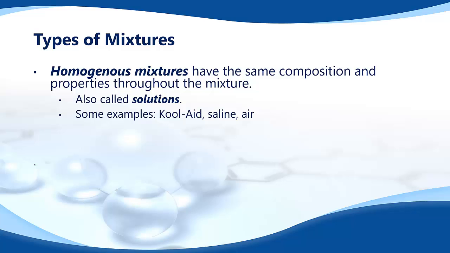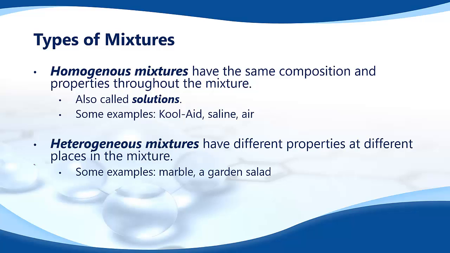The other type of mixture is a heterogeneous mixture. Heterogeneous mixtures have different properties at different places because they don't have uniform composition. An easy way to think about it is heterogeneous mixtures will tend to have chunks if you look at them on a microscopic level, right? So, for example, if you look at a marble, you have those little streaks running through it. That makes it a heterogeneous mixture because those aren't evenly distributed.